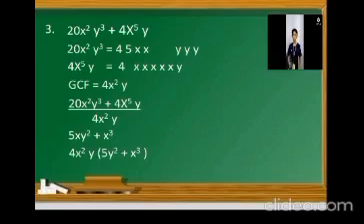And the factor of our second term, 4x raised to 5 y, is equal to 4 times x times x times x times x times x times y. Now we are going to multiply the common factors of the two terms, and their GCF is 4x squared y.